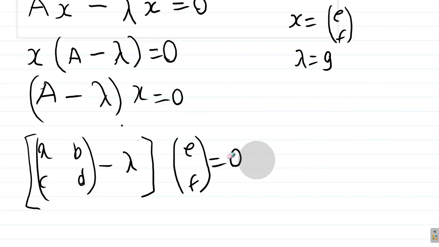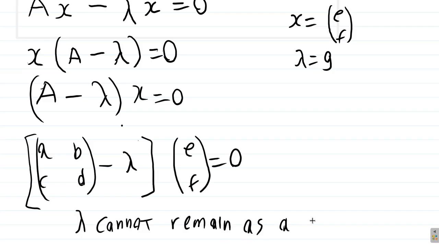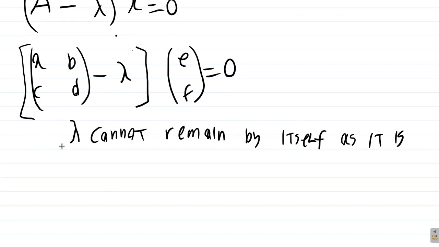So here, what you can say is that lambda cannot remain by itself as it is a scalar.